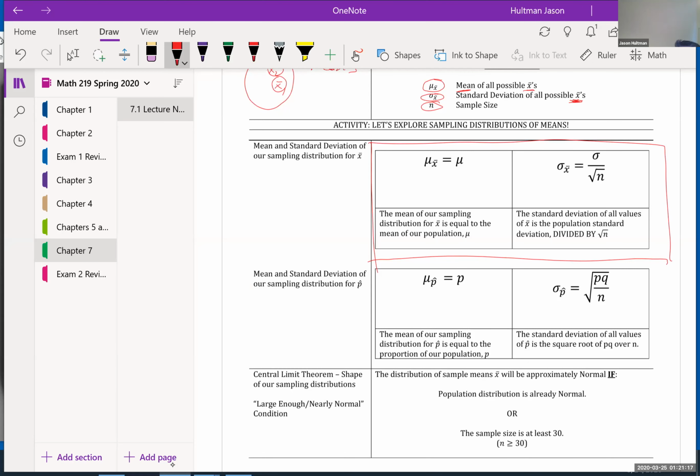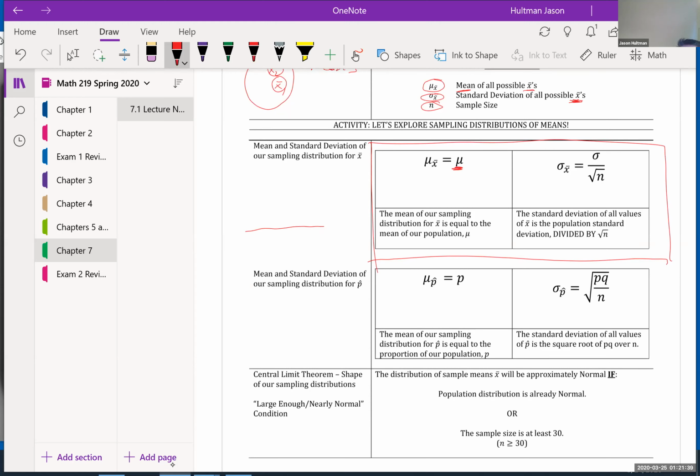So the mean of our sampling distribution, if I do this process of taking samples and samples and samples, all of the same size, is going to be equal to the mean of the population.